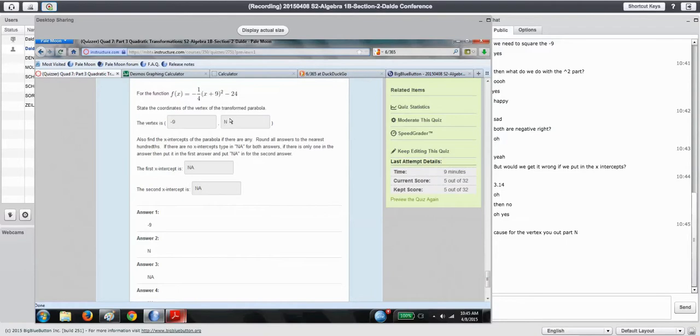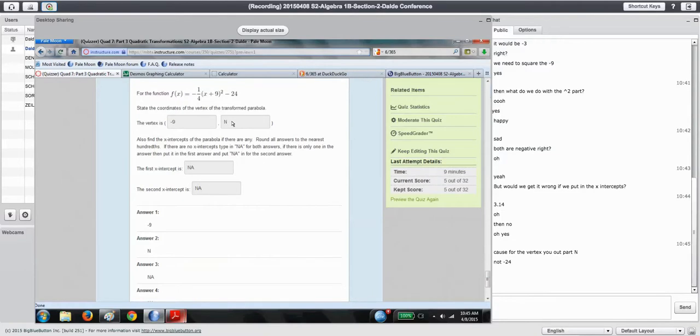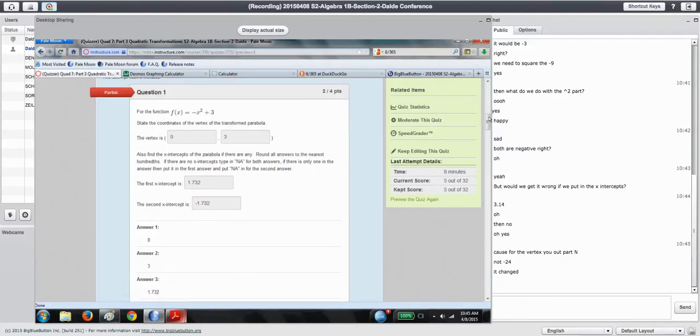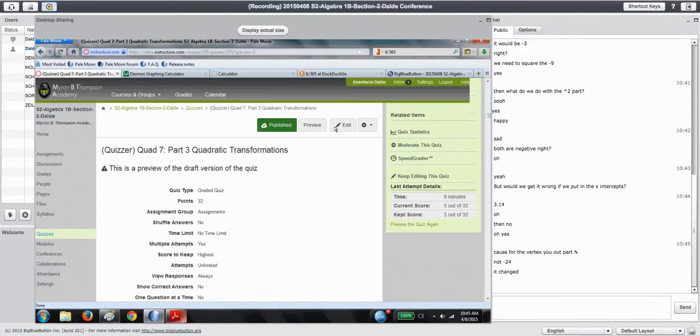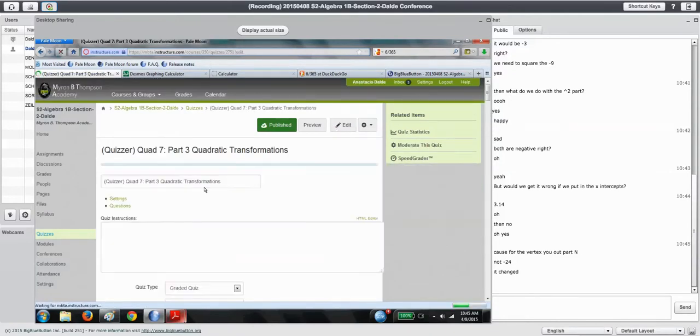Oh, how come I put N over here? I thought I put negative 24. Oh, oops. Sorry, that was a mistake. But what about this one? Plus or minus 1.732. Let me go edit this quiz and see what I put as the answer.